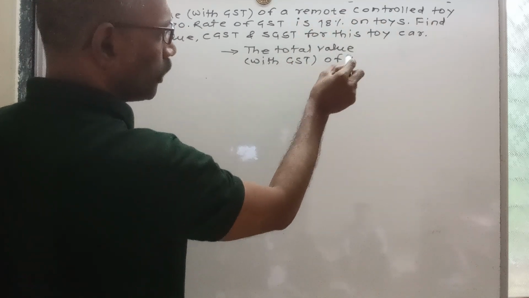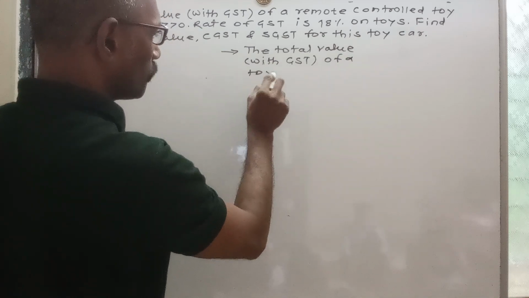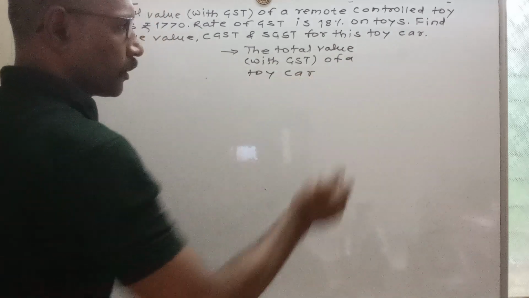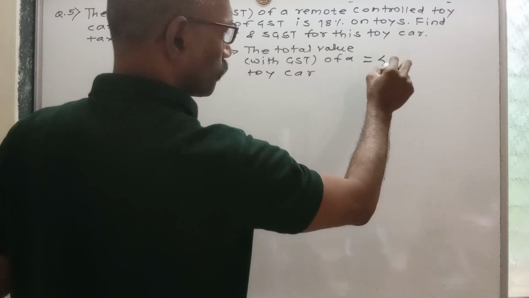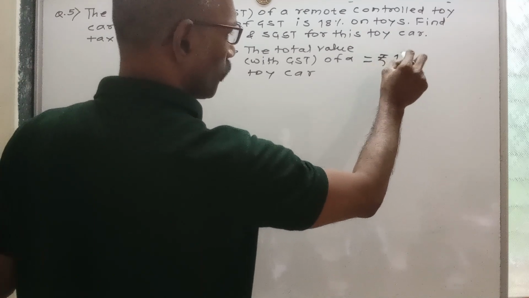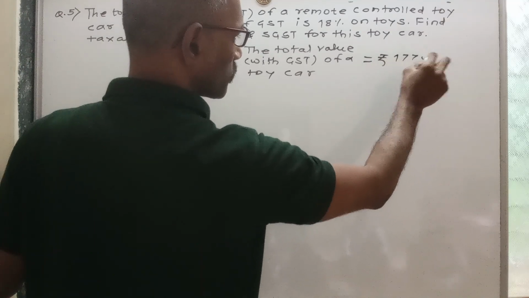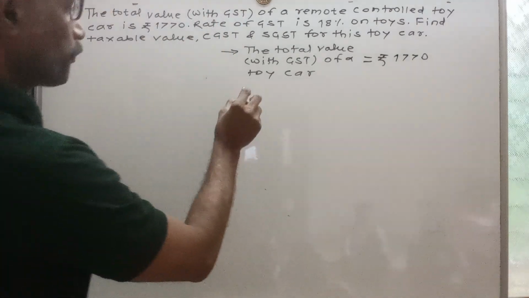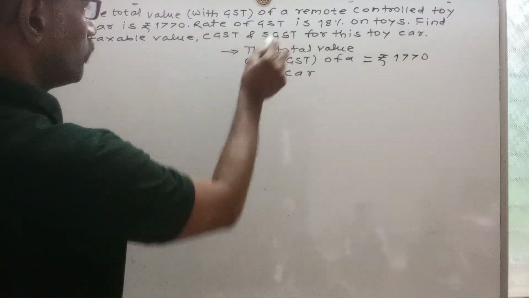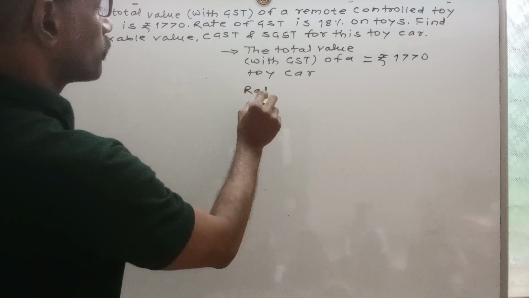Therefore we only write, of a toy car, is equal to rupees 1770. Okay, then the rate of GST is given.